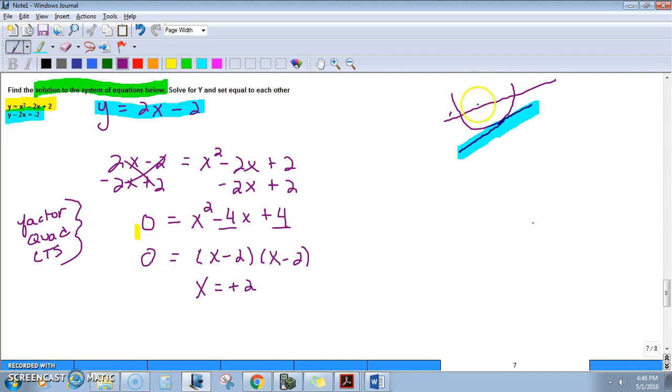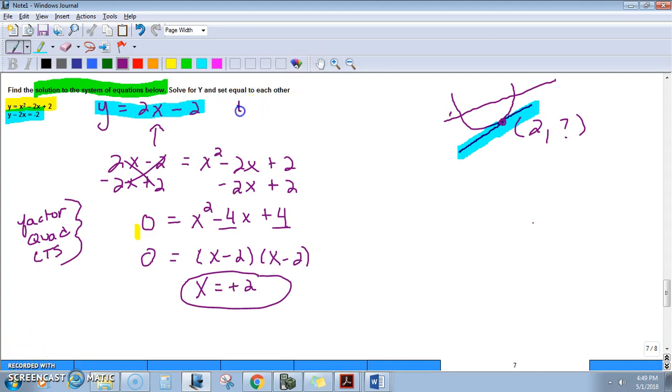Now, we need a point. We have the x value, that point right there where they connect, where they intersect, where they touch. Our x is positive 2, but what is our y value? And how do we find that? My suggestion would be we take our x, that's positive 2, and we put it back into this equation here because this one seems like it's going to be, to me, the easiest one to solve.